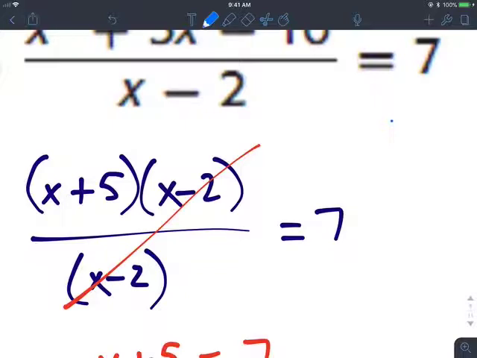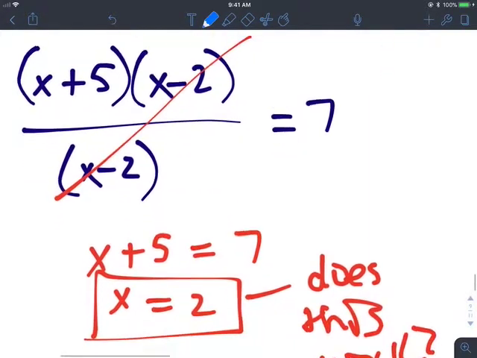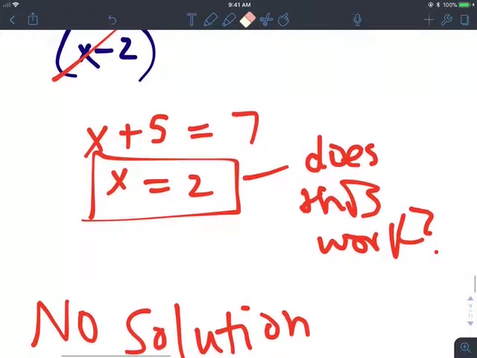Cancel my x minus 2s. Those are gone. Should be good with that step. x plus 5 equals 7. Subtract 5. You get x equals 2.